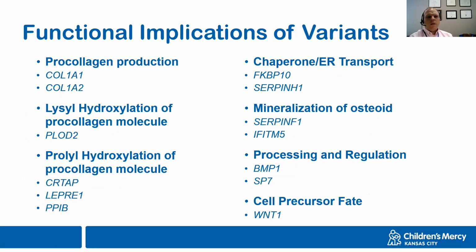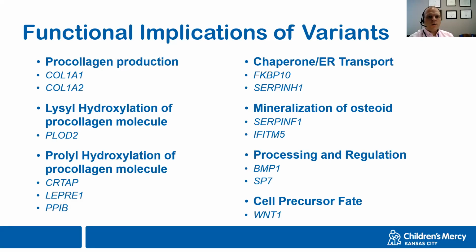And there's also been a lot of knowledge about what the functional implications of these variants are. In addition to just knowing how to diagnose these patients with different kinds of OI, we've also learned a lot about how collagen is processed, how the osteoblast is formed, how osteoid is mineralized.